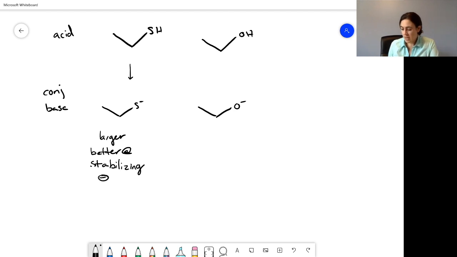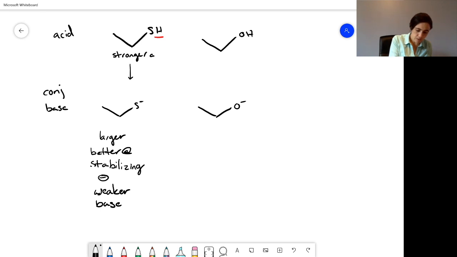All right, this means that this will be a weaker base. It's going to be okay with maintaining that charge more than the oxygen will be, which means that it's more willing to give up the proton here, which means that this will be a stronger acid than our alcohol. Okay, so weaker base, this is our stronger base.